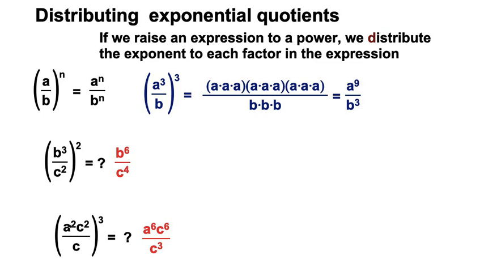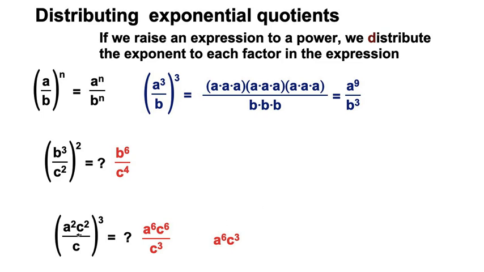I could just do a to the 2 times 3 power, c to the 2 times 3 power over c to the 3rd power. And then I can further take the quotient powers, c to the 6 minus 3 power. And that's going to be a to the 6th, c to the 3rd.